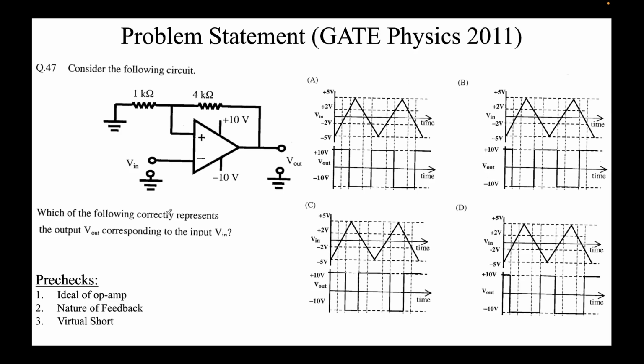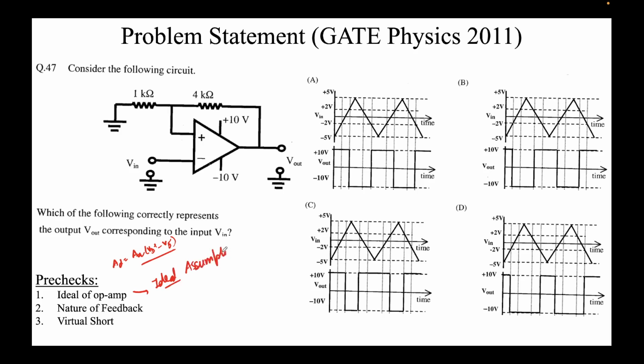Before we solve this question, there are some pre-checks that we should do. First, is the op amp ideal or not? Remember, all the expressions like AD equal to AOL times (VD plus minus VD minus) are applicable only when the op amp is ideal. The question is silent about it, so we'll simply assume that it is ideal.